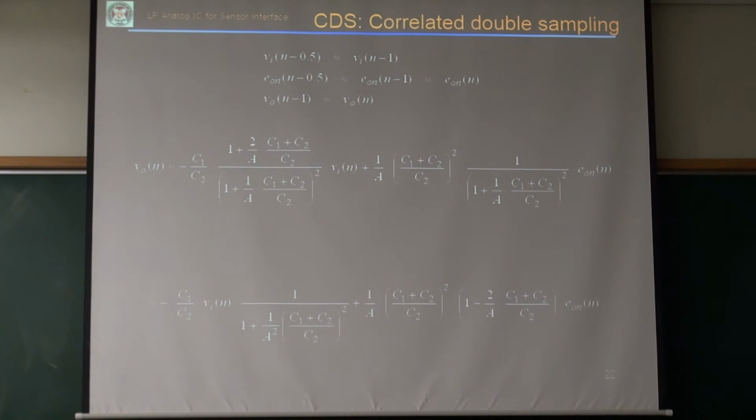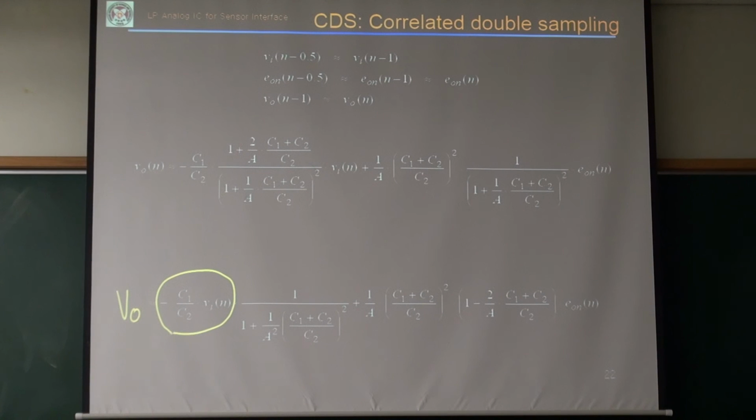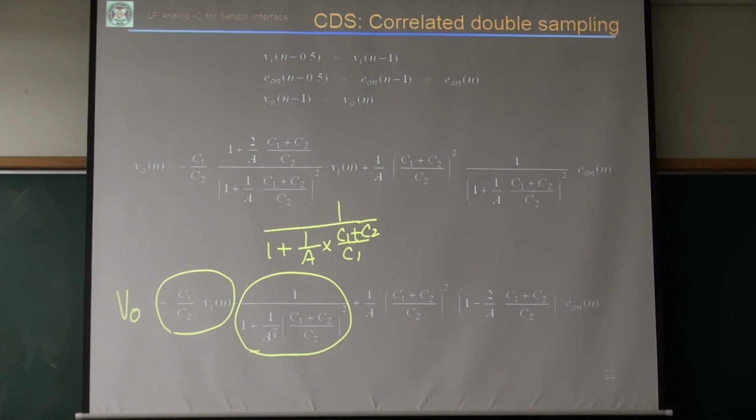Okay, let's believe this equation. My Vo is this desired term. Then this gain error term is reduced to small. The conventional gain error term looks like that. However, I have a square here. So it is reduced significantly.